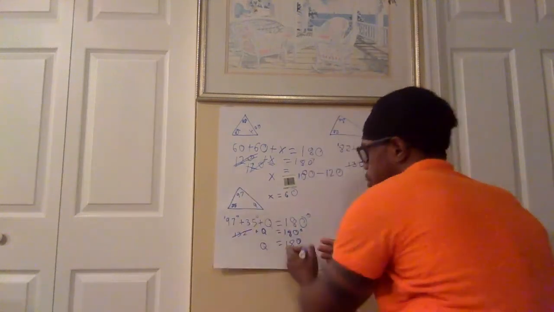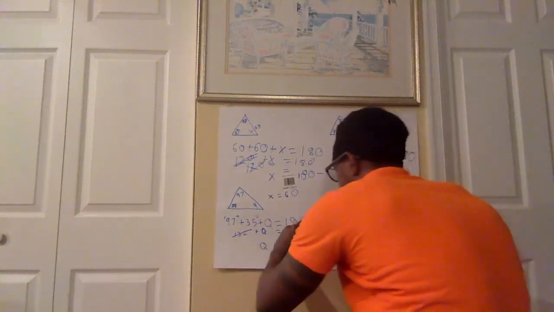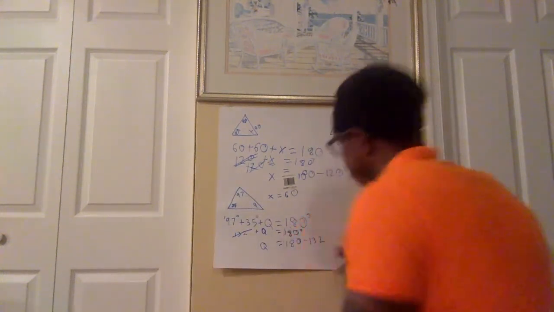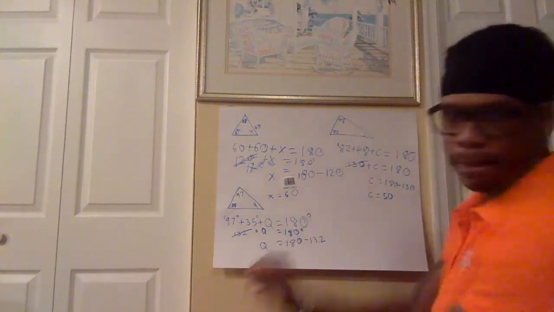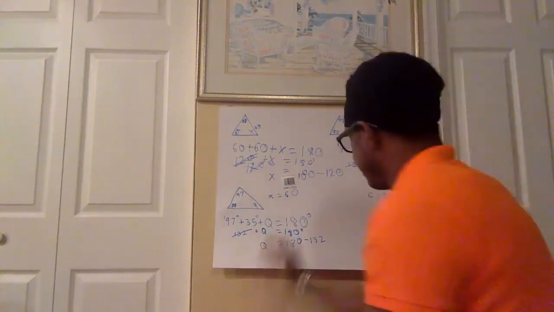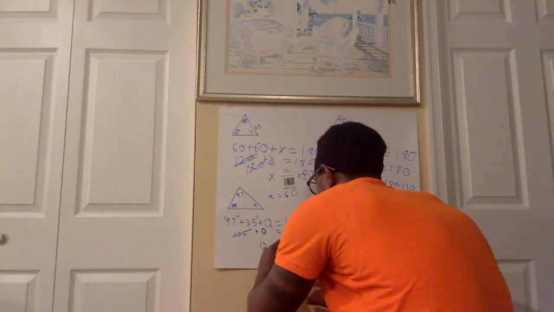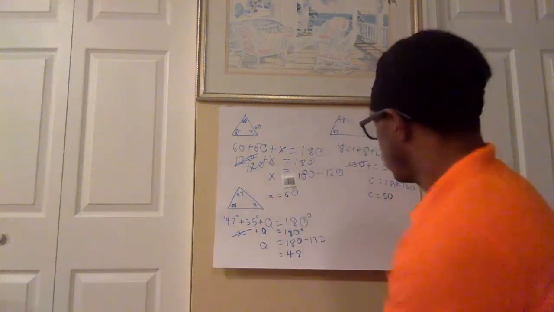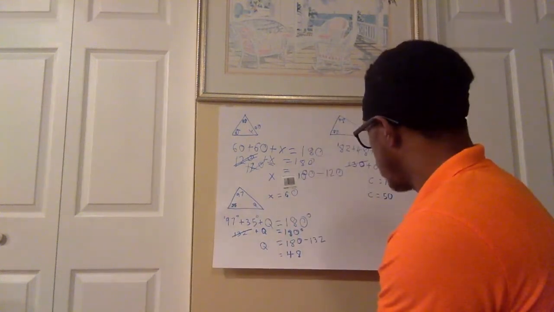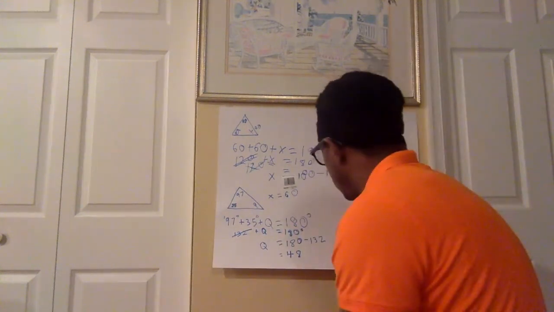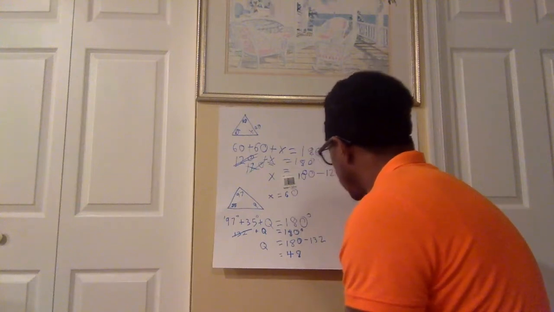If we took away 132, we have to take away 132 on the other side. What's 180 minus 132? That's going to be 48. So we now know that Q is 48.